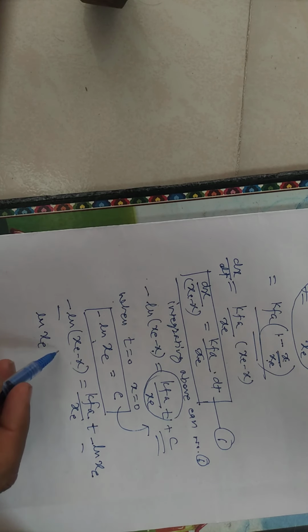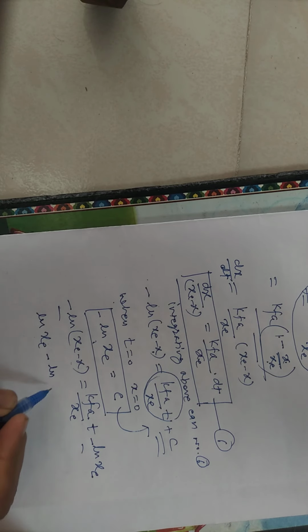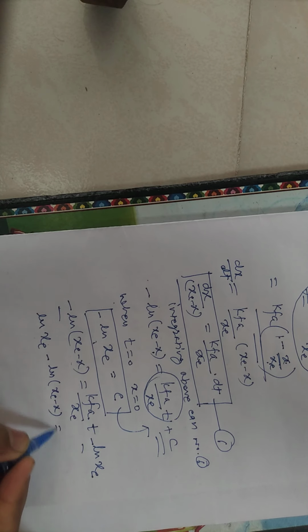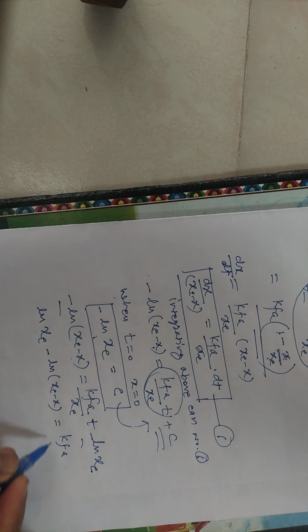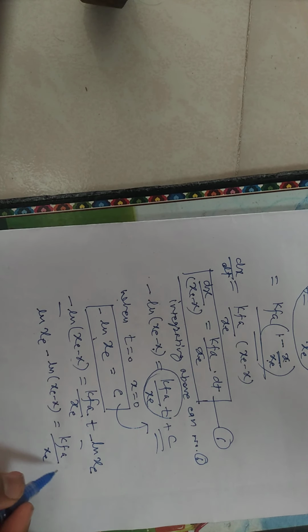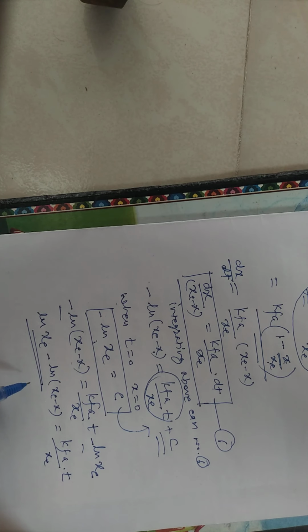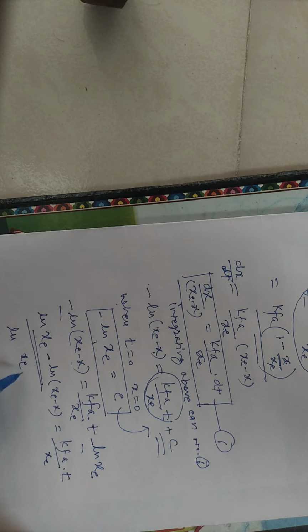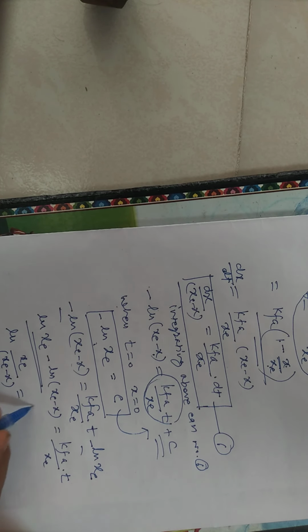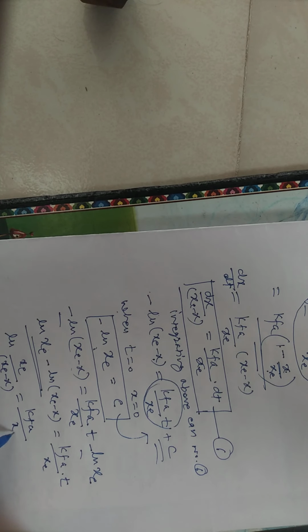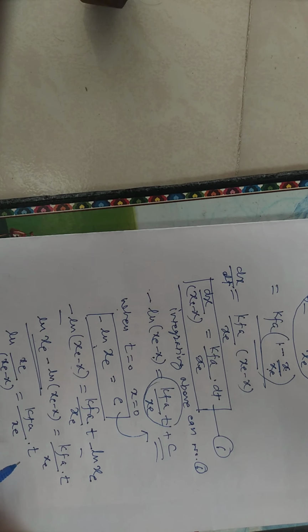If it goes towards the left hand side, the equation will become ln xe minus ln xe minus x, that is equal to, as it is, kfa upon xe into t. Now according to the rules of logarithm, ln xe minus ln xe minus x, you can write as ln xe upon xe minus x, that is equal to kfa upon xe into t.